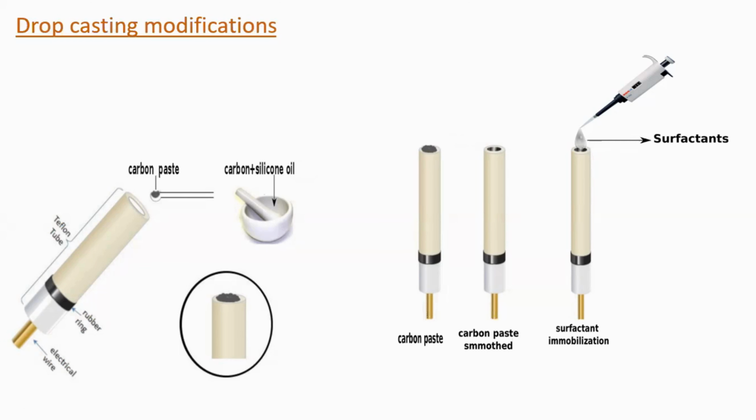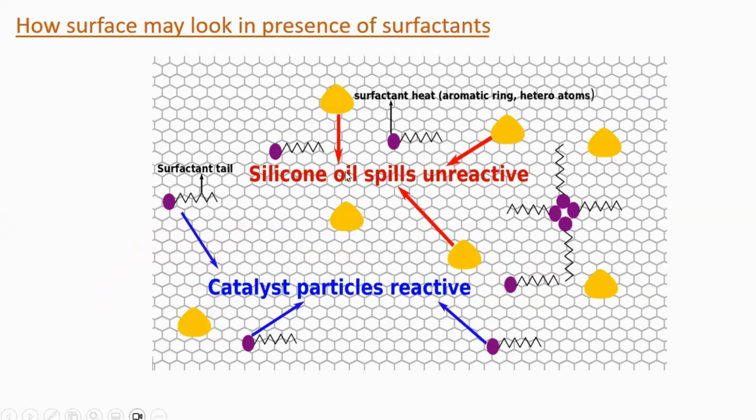If we prepare an electrode like this, what happens? Now I have silicon oil, and then I have a surfactant. This is nothing but the surfactant head. Here you can see the surfactant head, and this is the surfactant tail, right? Usually the surfactant head is made from some heteroatoms.